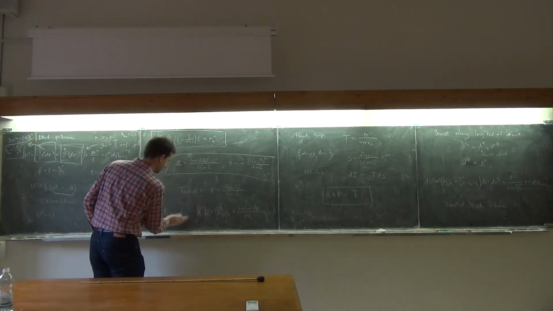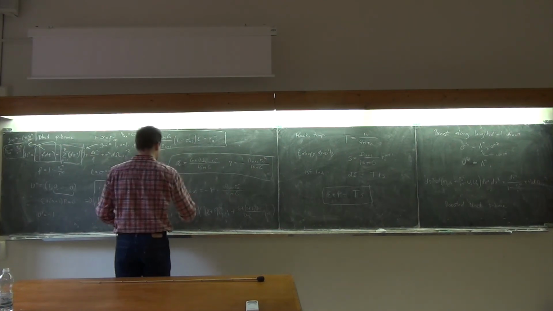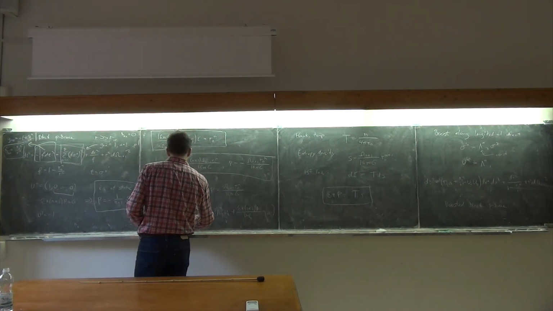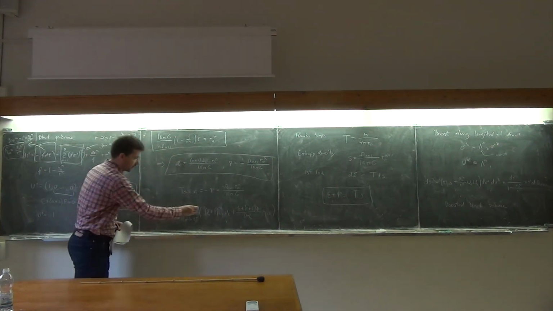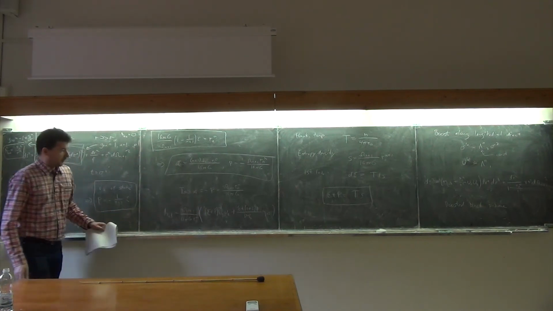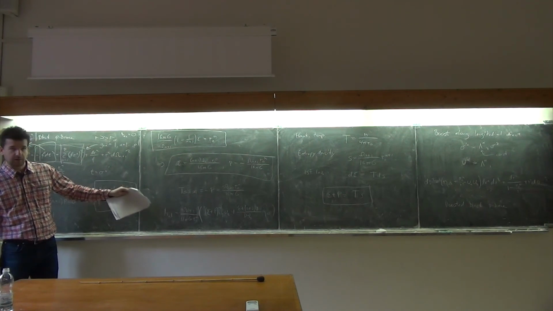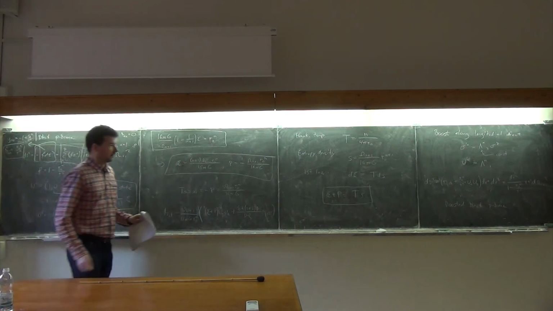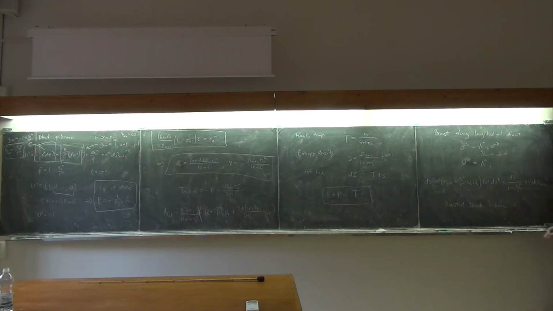Maybe I should write it again: it's N omega_N over 16 pi G R to the N. So now you could again play this game of reading off the 1 over R to the N correction, but now for this metric instead.